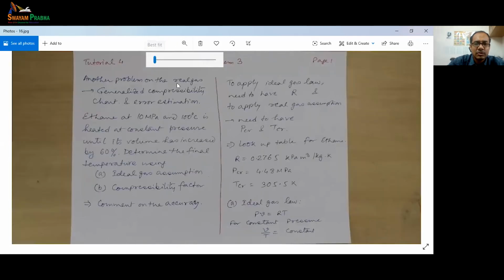The problem statement says that this pressure and temperature are given for the first state, and then it is heated at constant pressure. So for the ideal gas assumption, if pressure is constant, then V over T is constant, right? PV equals RT, P is constant, and R is the gas constant by name, so it is constant. So for the whole constant pressure process, V over T will be constant.